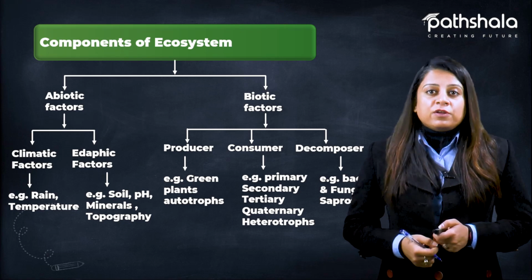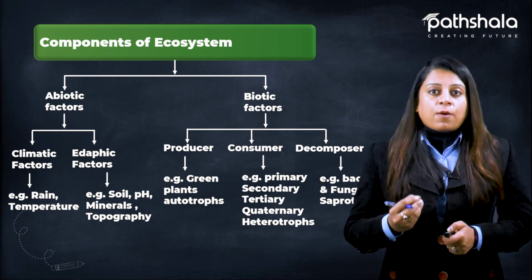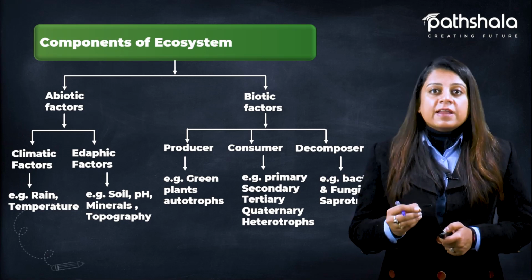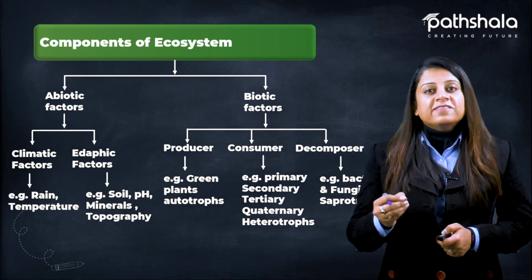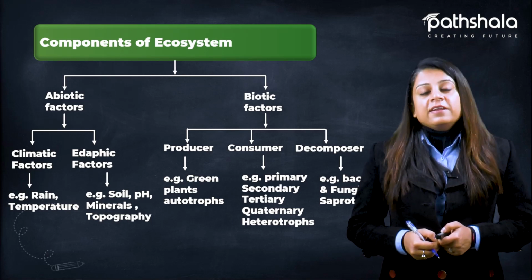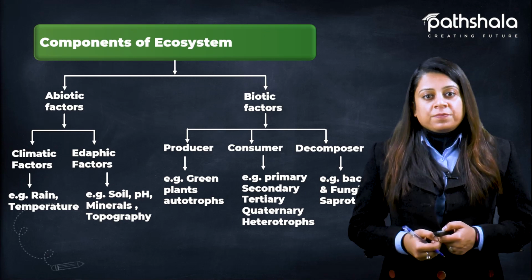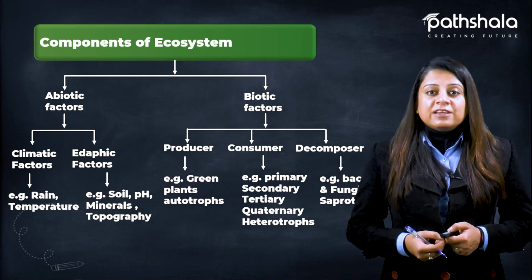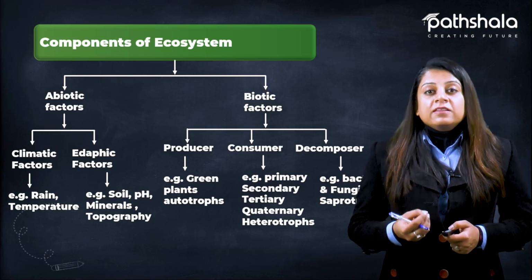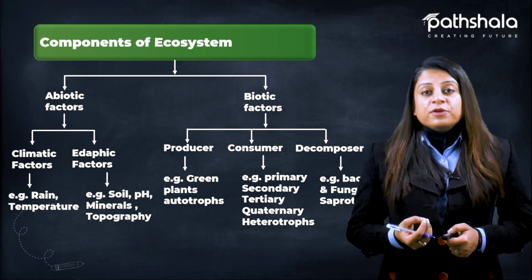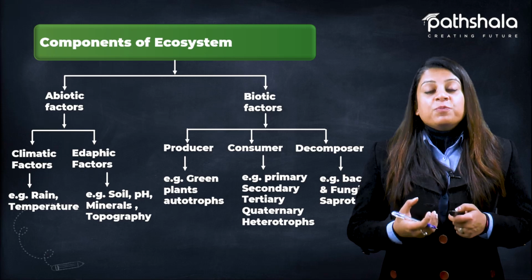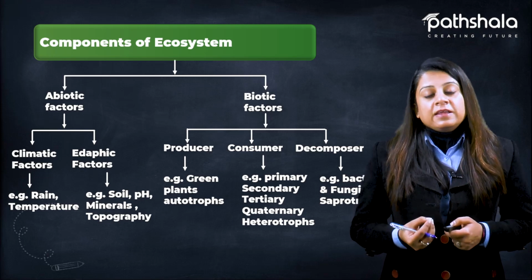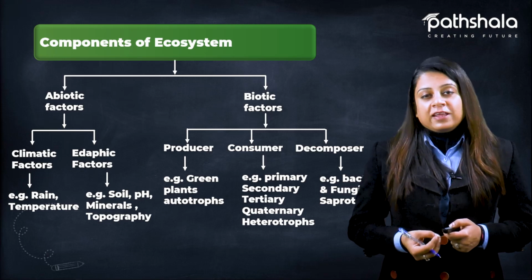Talking about biotic factors, those are the living components. They are classified as producers, consumers and decomposers. Let us first talk about producers. Producers are also termed autotrophs and these include green plants. They are termed autotrophs because they make their food on their own. Green plants have chlorophyll in them.